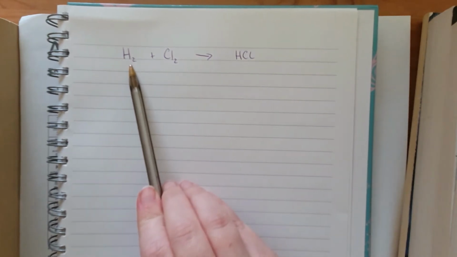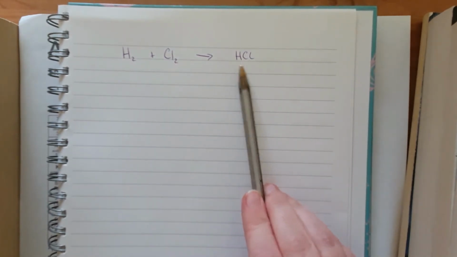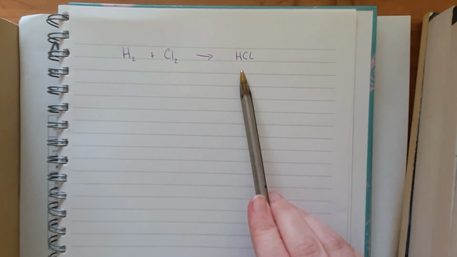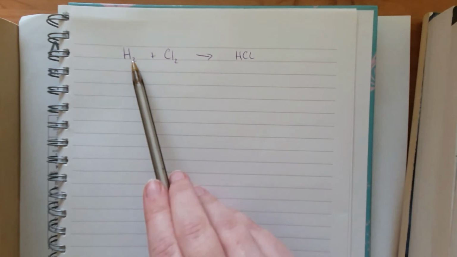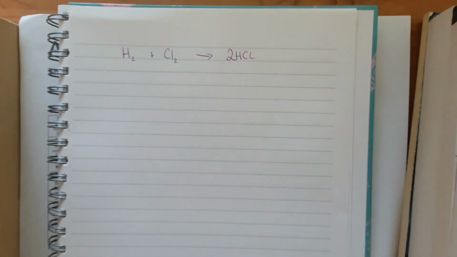Okay, it's got this equation. I've got 2 hydrogens and 2 chlorines reacting to make hydrochloric acid, HCl. Now, I've got 2 hydrogens and 2 chlorines, so I must have 2 hydrogens and 2 chlorines over here.